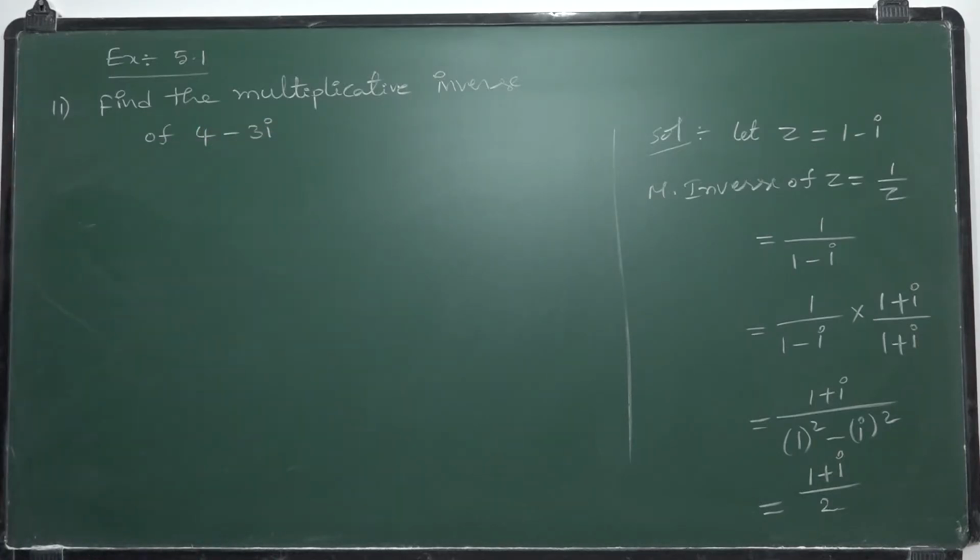Find the multiplicative inverse of the complex number 4 minus 3i. Solution.